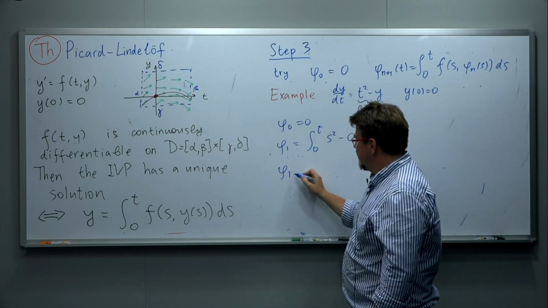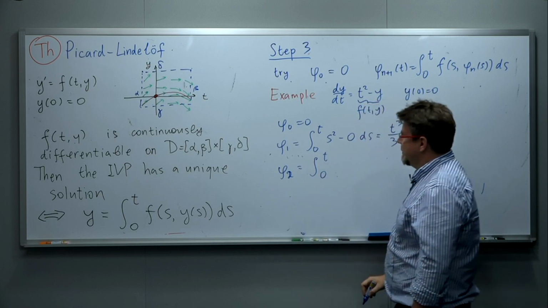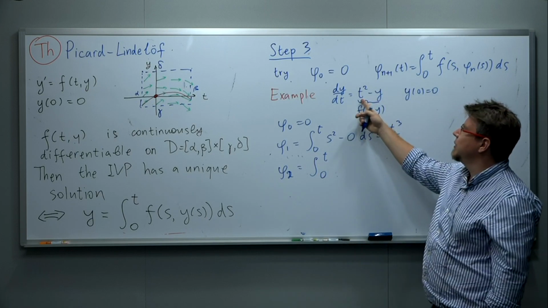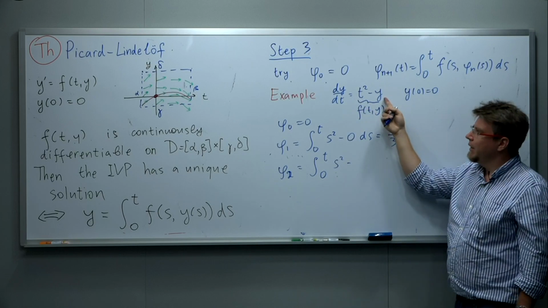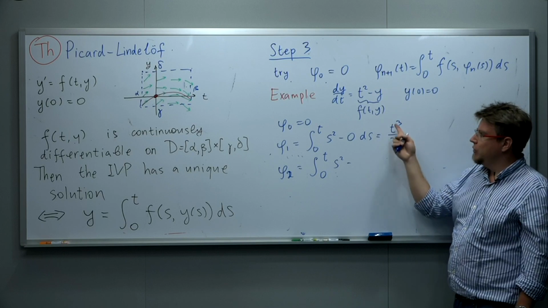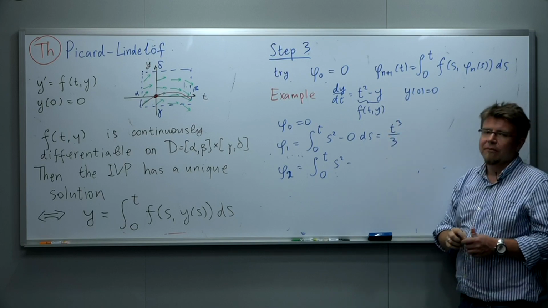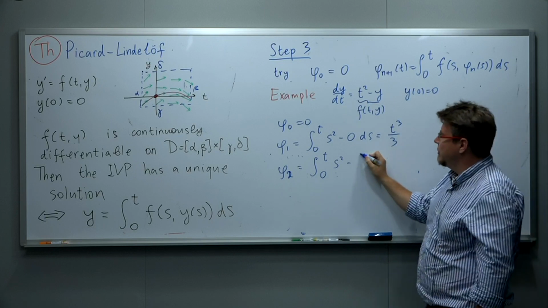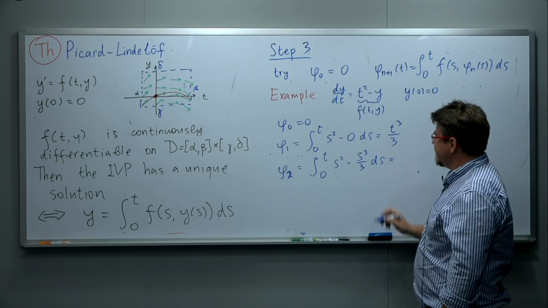Now, phi 2. Phi 2 is going to be the integral from 0 to t. Then t squared becomes s squared, minus y. Instead of y, I need to substitute the previous phi, which is t cubed over 3, but I need to replace t with s. So I'm going to write s cubed over 3 ds.